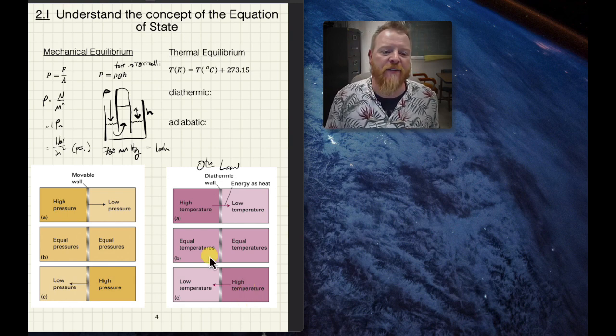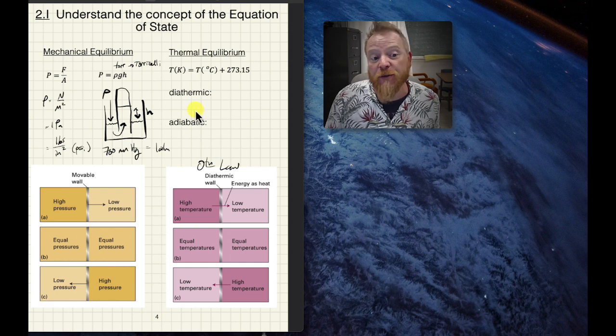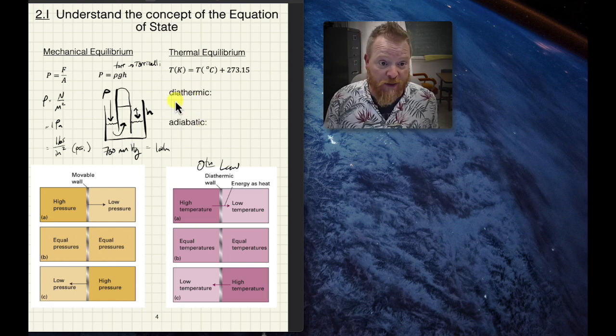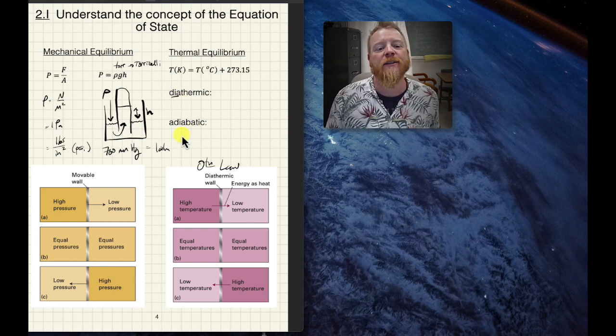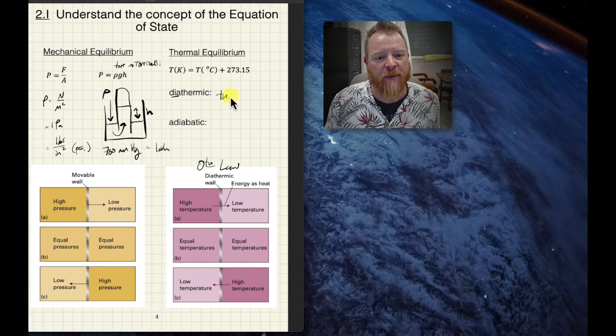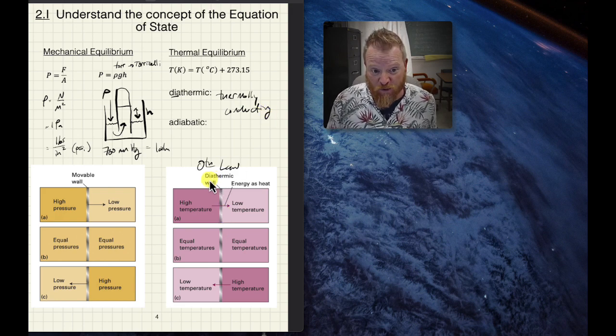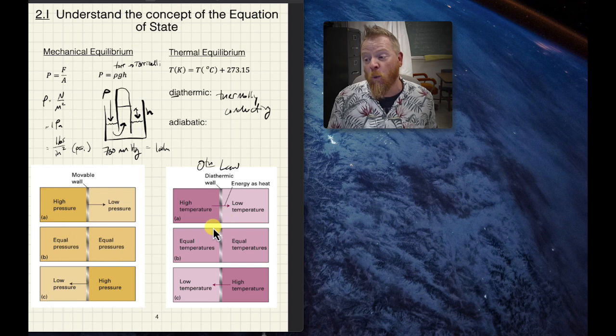So this takes advantage of having two different types of containers, either a diathermic or an adiabatic container. So diathermic, if we kind of analyze that word, we would find that that means thermally conducting. Okay, so in other words, right, we can see that word right there. This is a diathermic wall.